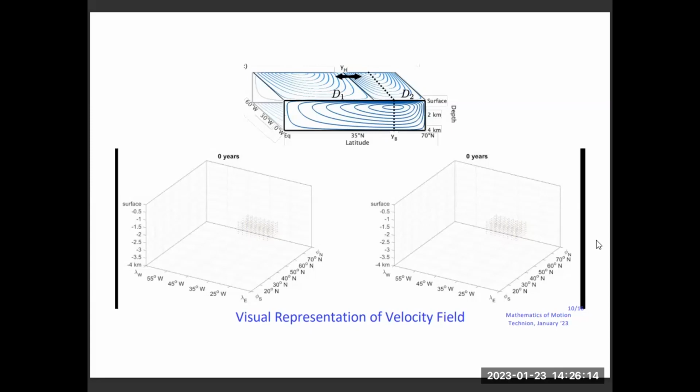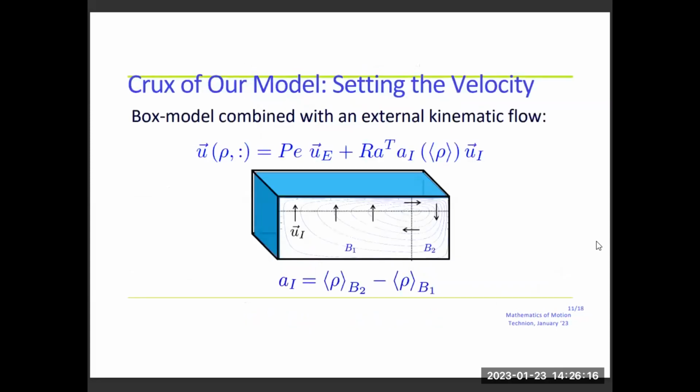Okay, so let's start building our model. We want to build a model of ocean flow in a box that has a flow which contains a component that is externally activated. So for our needs, it is predetermined.